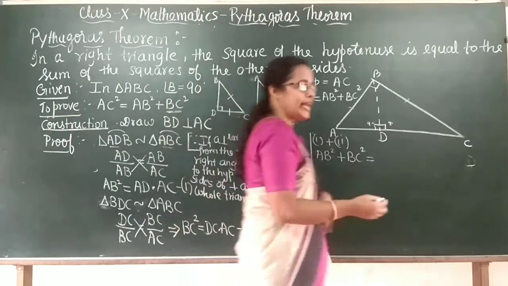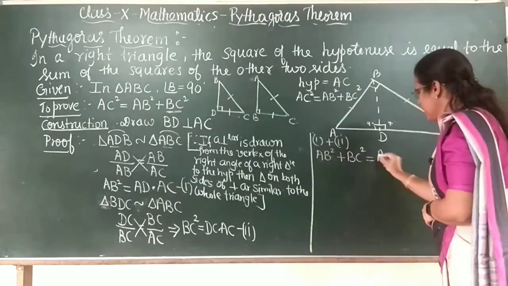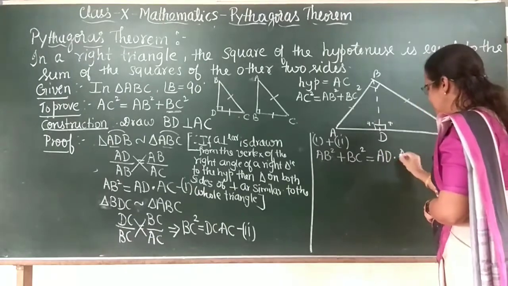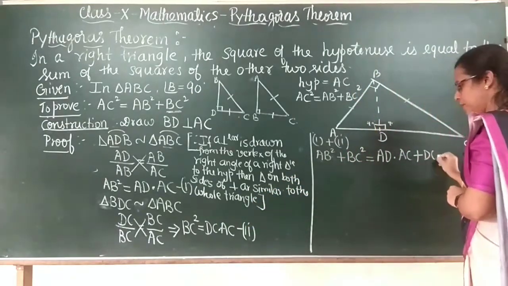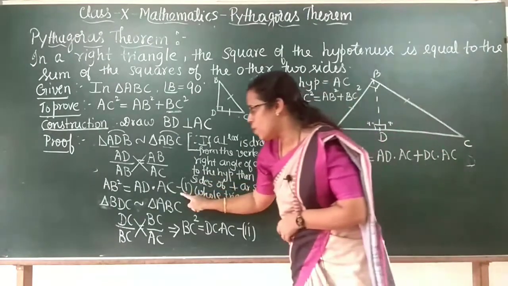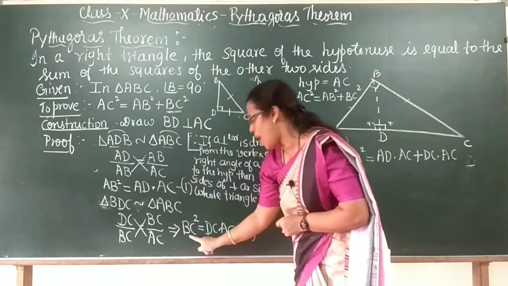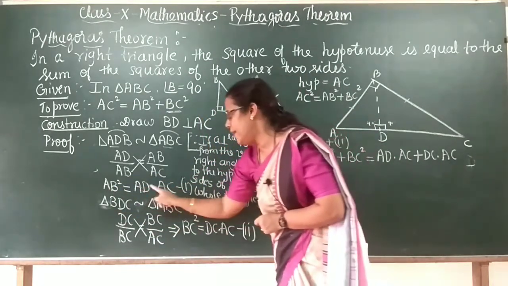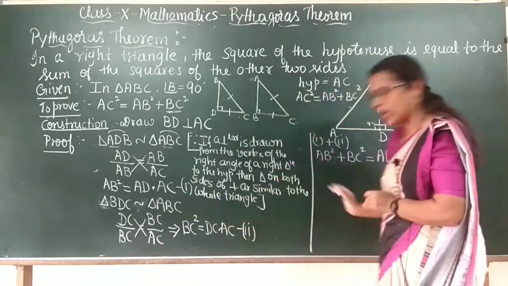Is it okay? So we can write like this. Equation number 1 plus 2, AB square plus BC square is equal to AD into AC plus DC into AC. Both you have to add.